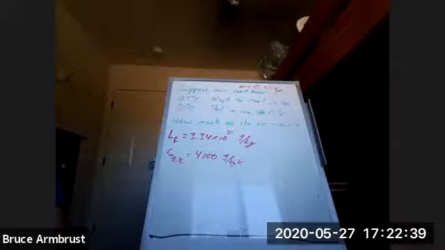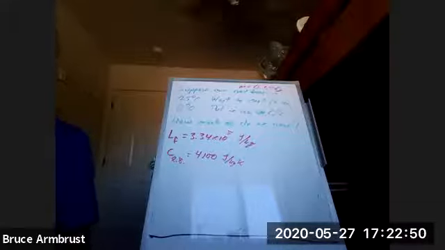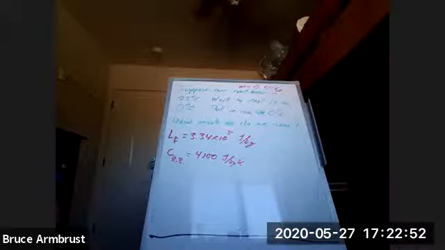Let's see if we can figure out how much ice we're going to need. This is literally an energy balance. All the energy we're going to use to cool off our root beer is going to come from the root beer and go into the ice to melt it.